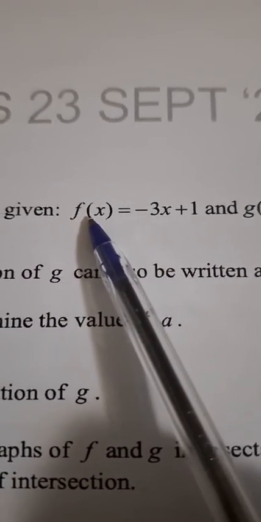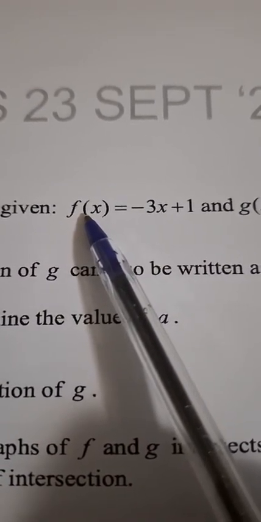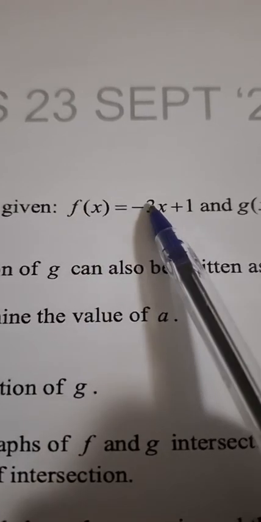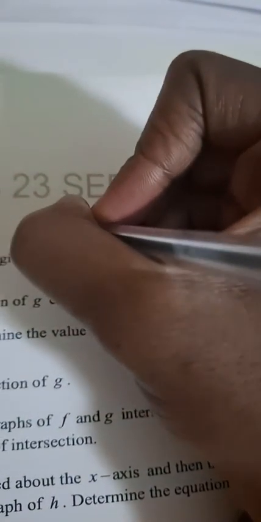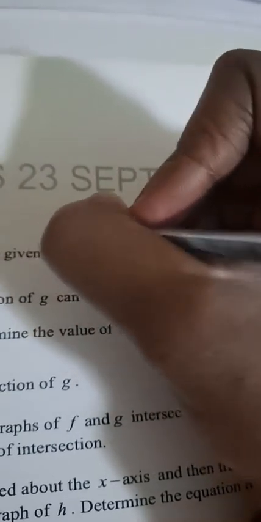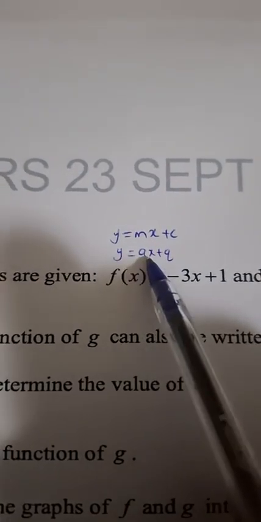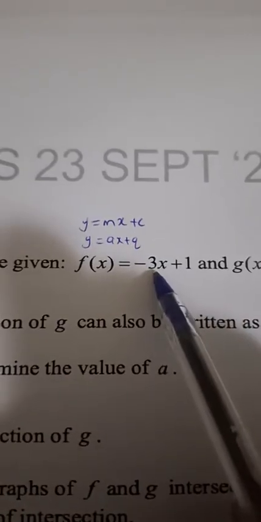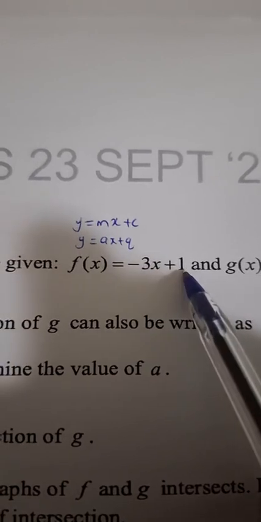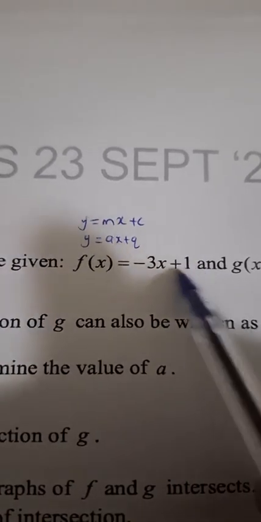We have Straight Dimples and Sihle Lucy telling us this is a straight line function, and they're 100% correct, because it has the form y is equal to mx plus c, or maybe some people know it as y is equal to ax plus q. We can see that our m or a value is negative 3, and our q or c value is positive 1.